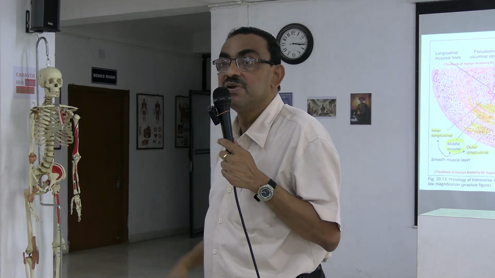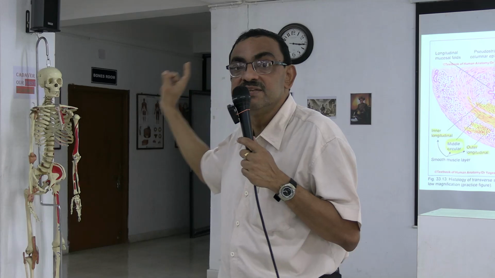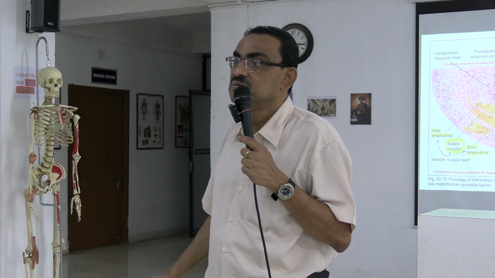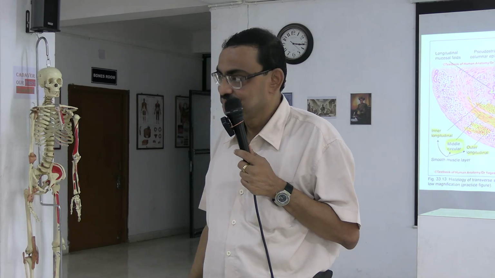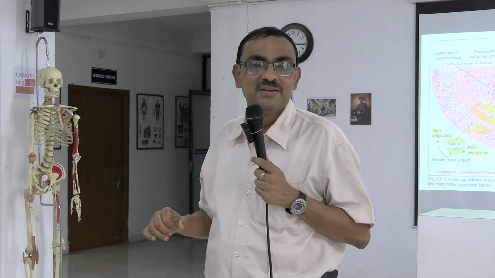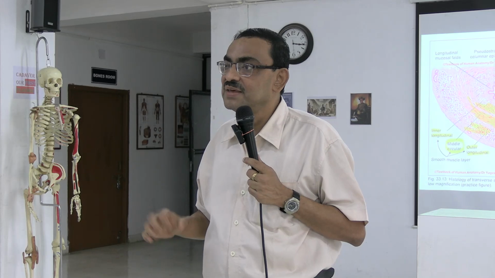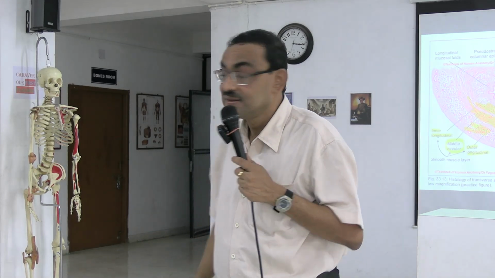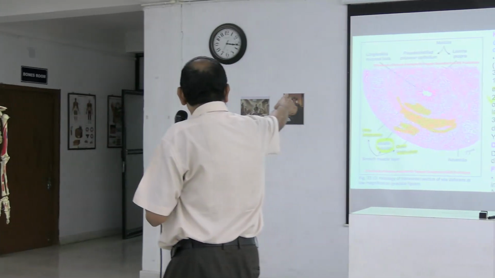But how can you differentiate whether it is a ureter or vas deferens? Both are star-shaped. When you look in the microscope, they are star-shaped. How can you differentiate? The epithelium.